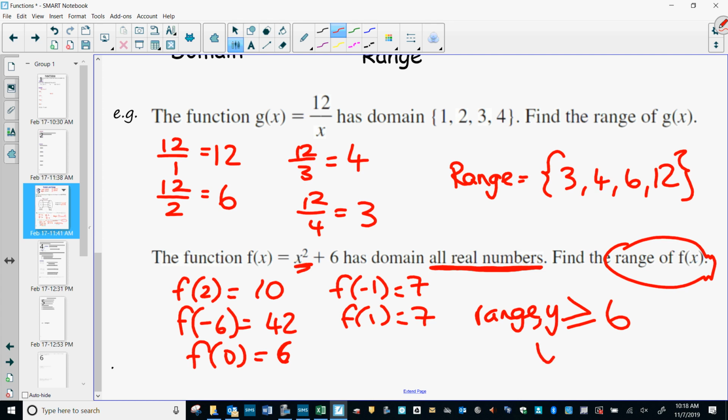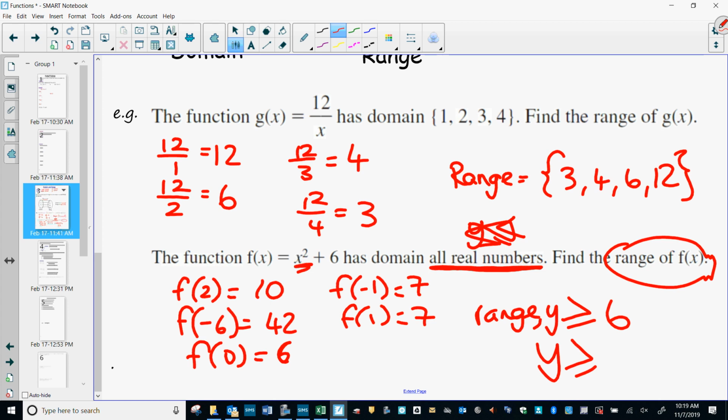So, y is greater than or equal to. The bigger side of the sign is next to the y, so it says y is greater than. If we had said y is less than or equal to, it's because the tiny bit is next to the letter. So y is greater than or equal to 6.